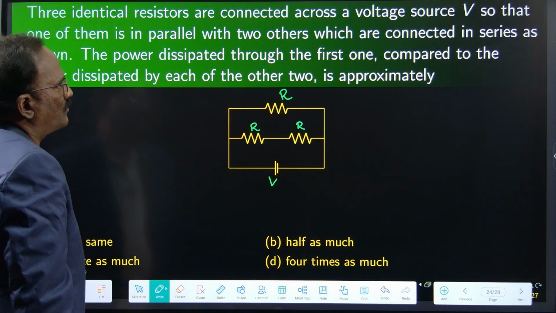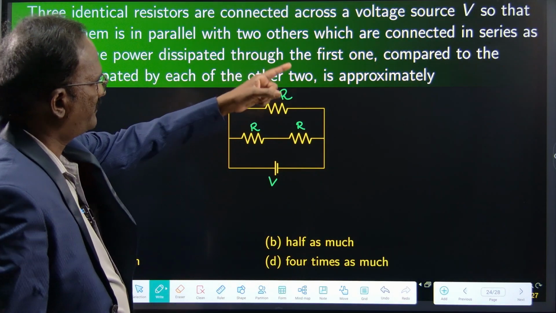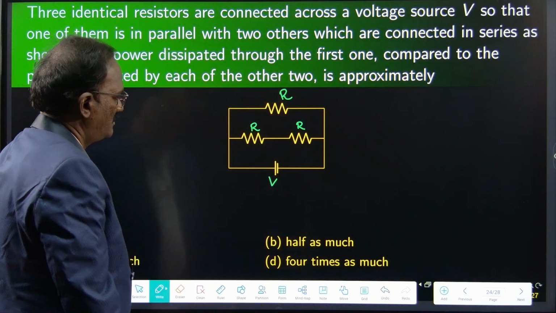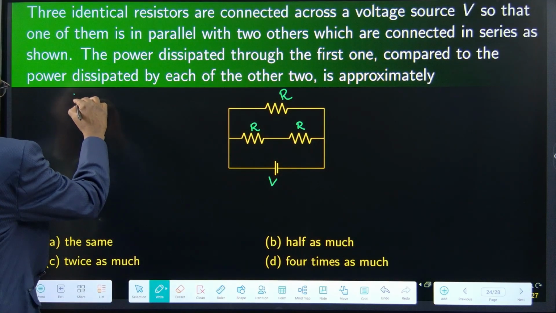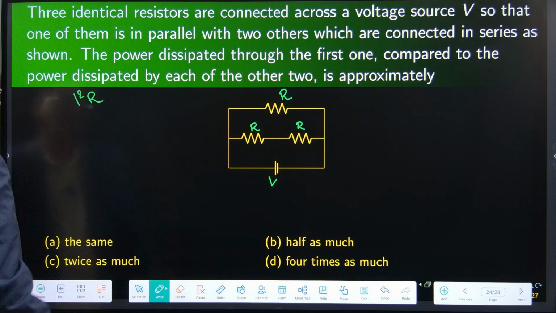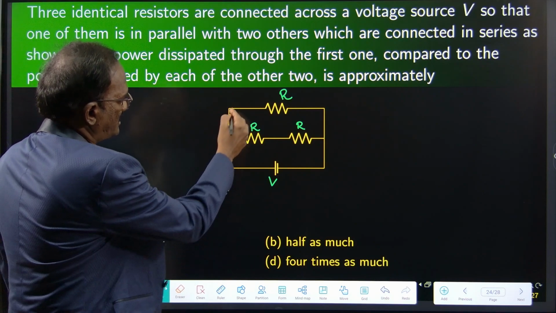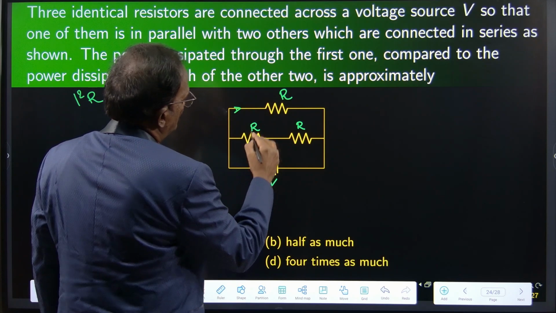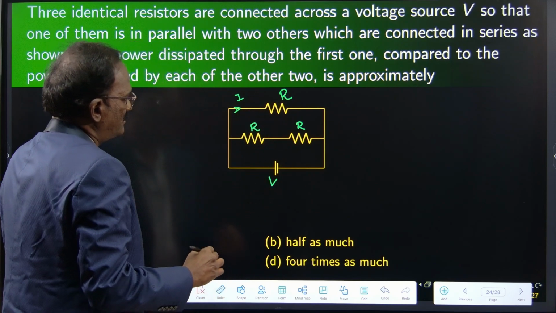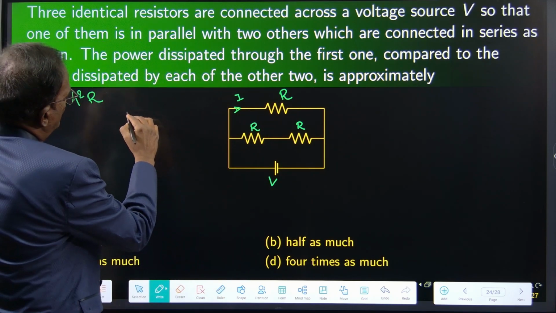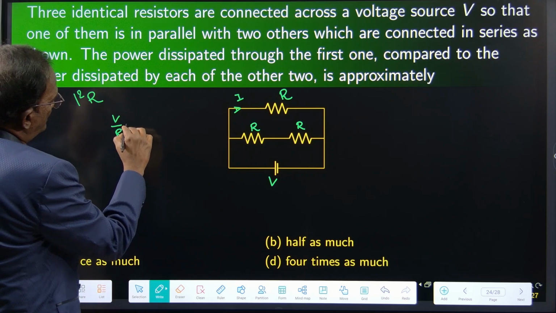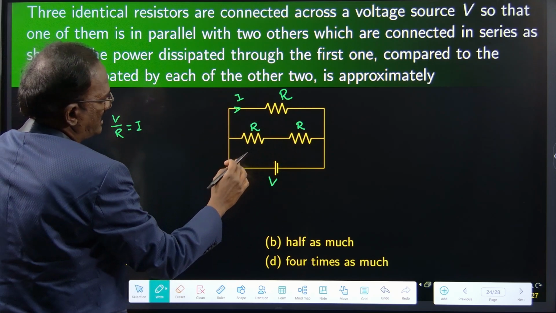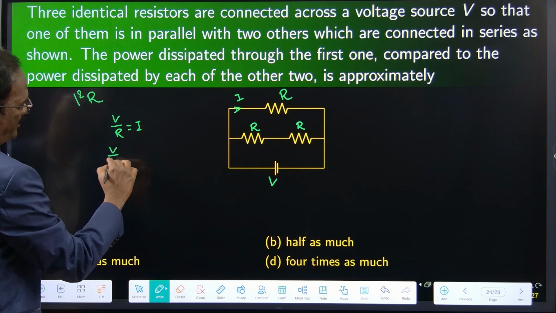Let us say this is V voltage, the voltage source V. So for power dissipation, let us use the formula I square R, with this current and this current separately. Say this is I amperes: V by R is equal to I. Then this current will be V divided by 2R.